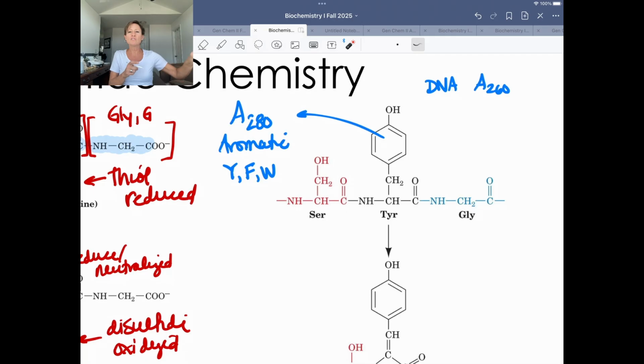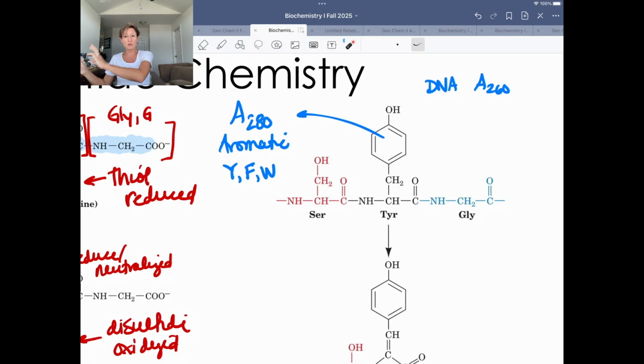You actually move, in this case, from the ultraviolet region, okay? And when we add or extend that conjugated system, we redshift. We move it to longer wavelengths. Once we go from the ultraviolet region, which is 260 and 280 for DNA, RNA, and then for proteins, and then we extend that conjugated system, we're going to move into the 400 to 700, 750 sort of range, which is going to be in the visible spectrum.